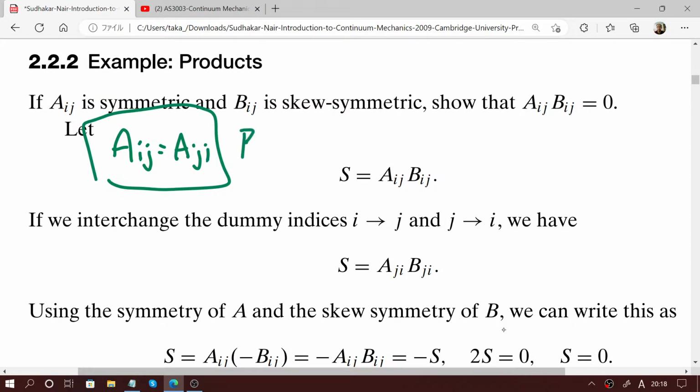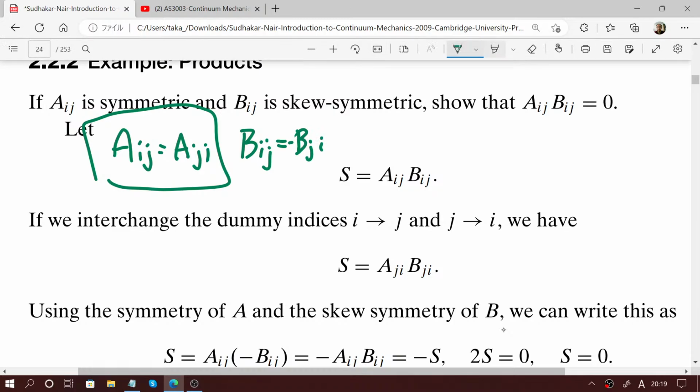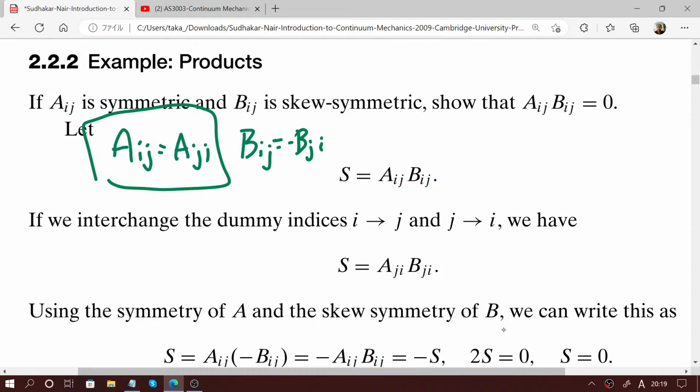Again, skew symmetric means Bij equals minus Bji. Show that Aij Bij equals 0.